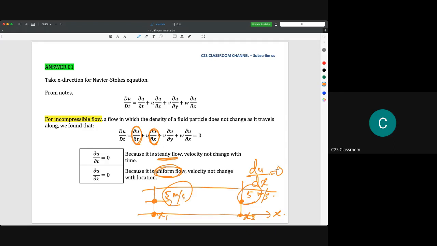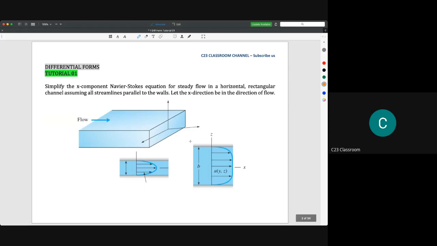Dan seterusnya sama juga du dy dan du dz. Cuma di dalam keadaan ini mungkin kita katakan bahawa sekiranya kita ada satu keadaan seperti ini, let the x direction be in the direction of flow. So maknanya kita beranggapan bahawa had laju akan bergerak, molekul akan bergerak pada arah X sahaja.